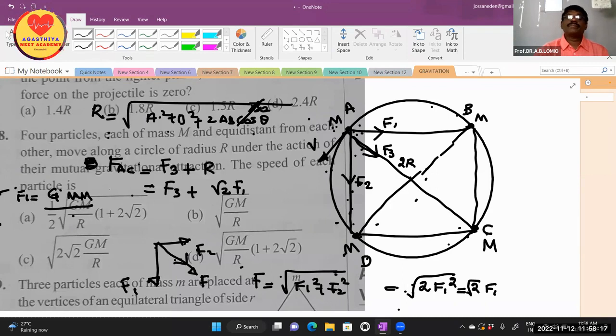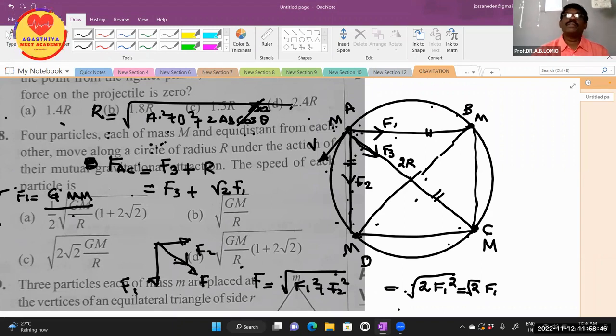Anybody can tell me? It's not equal to R. What about this distance? It's not equal to R. I'll give you a hint. What is the diagonal of a square?